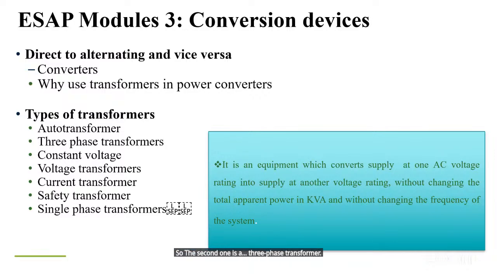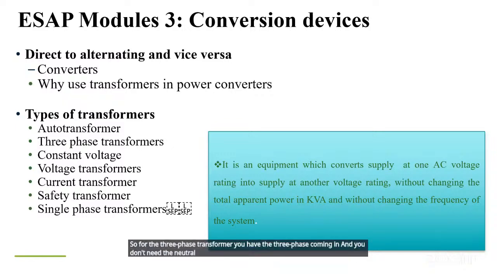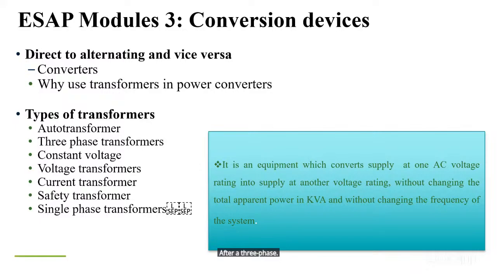For the three-phase transformer, you have the three phases coming in, and you don't need the neutral, because neutral may come or may not. You can get the neutral on the land, on the soil, because that is at zero potential. After the three-phase transformer, we have a constant voltage transformer.